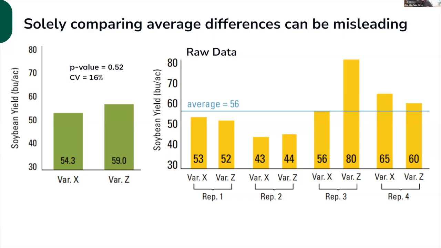So in most of the repetitions, the behavior was really similar, and only one repetition is leading to this difference. This might have been an error in the measurement or in the recording of the data. It could have been something influencing that treatment that is not real. It's not the real difference between the varieties.